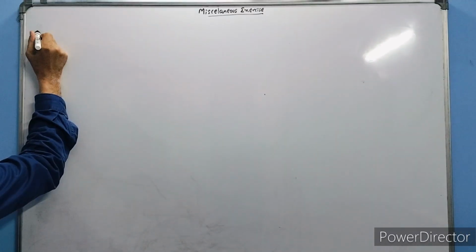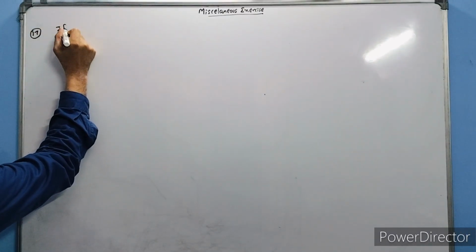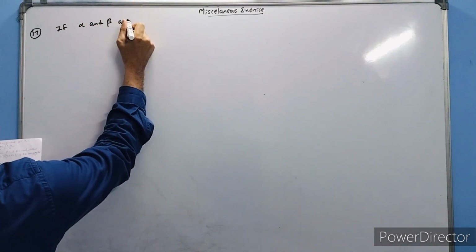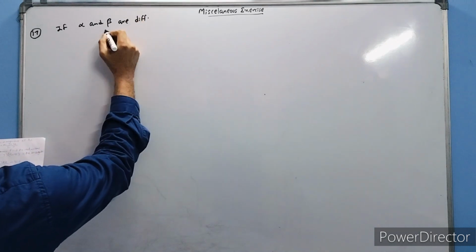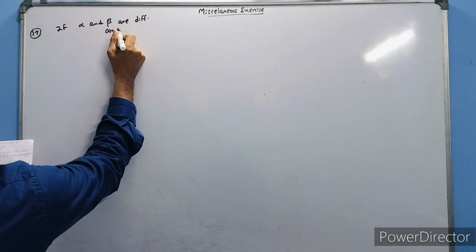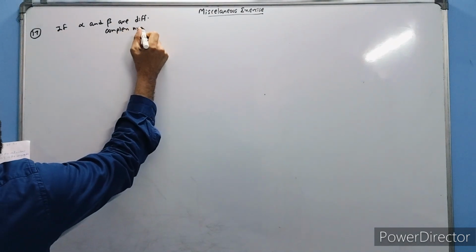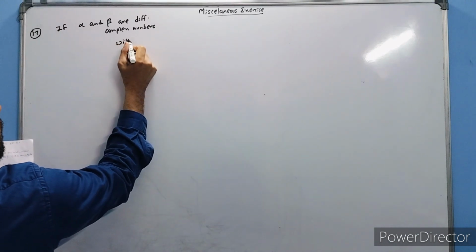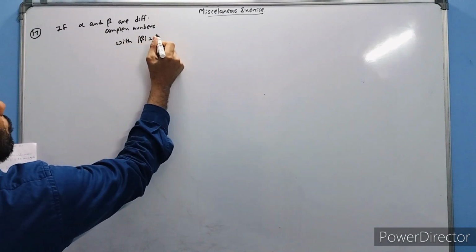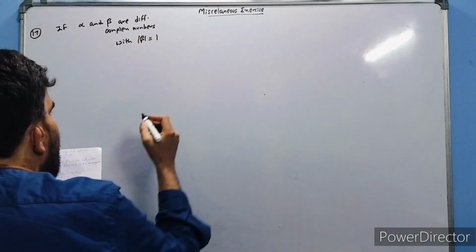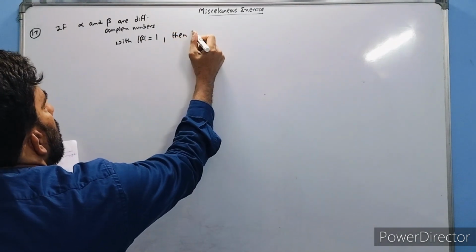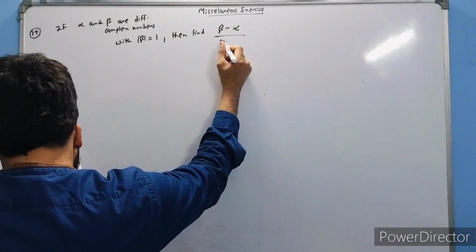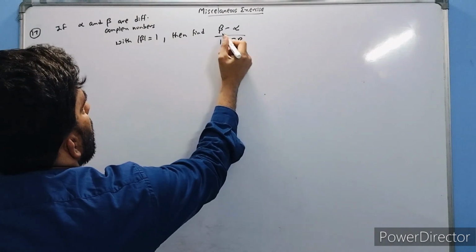They have given that if alpha and beta are different complex numbers, and they are saying that the modulus of beta is equal to 1, then we need to find the value of (beta minus alpha) upon (1 minus alpha-bar beta).